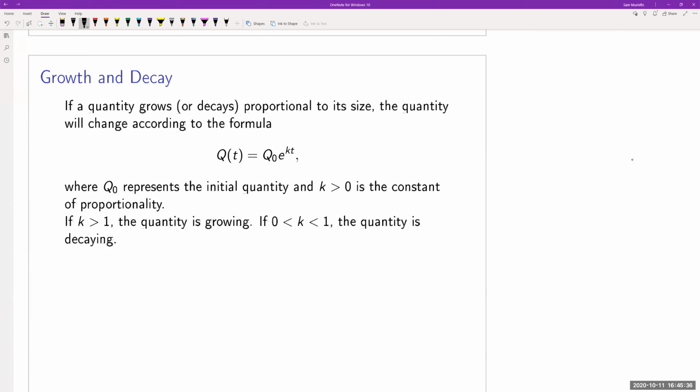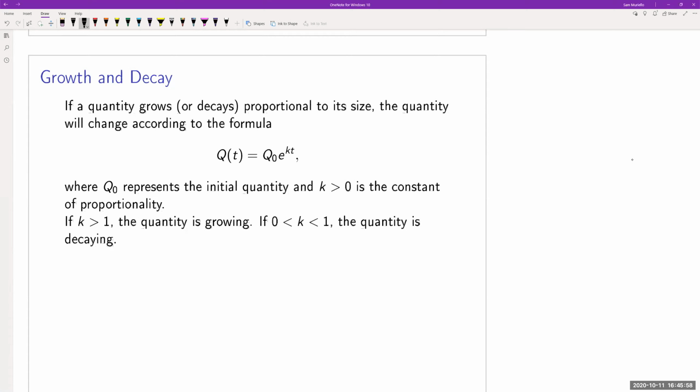A couple of examples where this could come into play would be investment, like we saw before. Investment of money compounded continuously has exponential growth. We have the idea of population growth. The more people there are, or bunnies, or cells in a petri dish, the faster the population will grow.